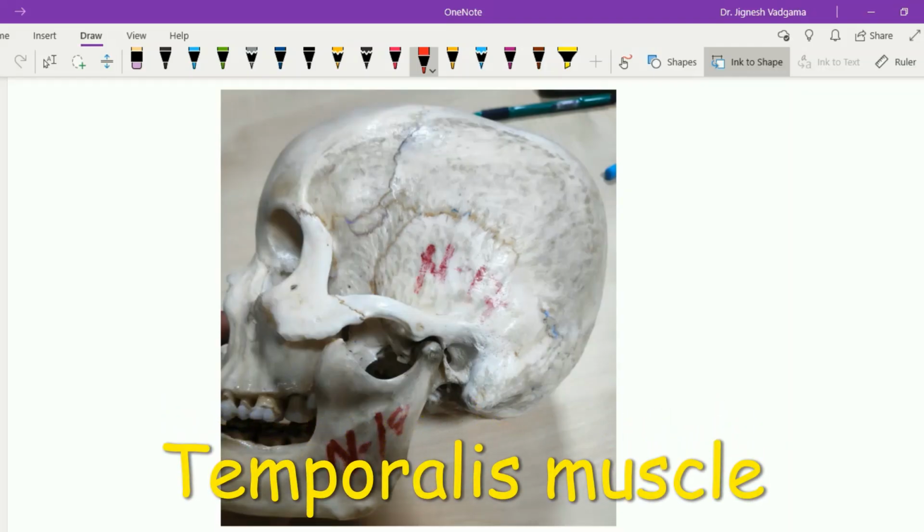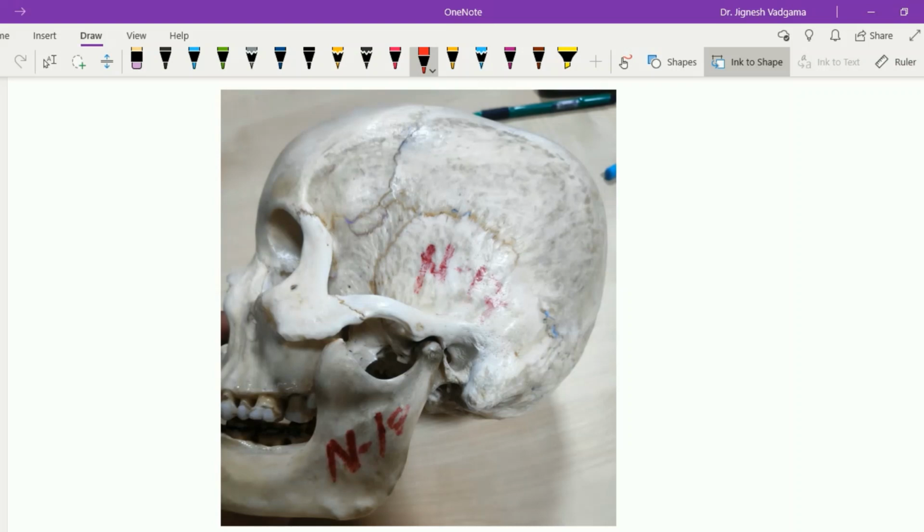Now let's see the details of the temporalis muscle. This temporalis muscle arises from the floor of the temporal fossa below the temporal lines. It is a fan shaped muscle which arises from the floor of the temporal fossa except the zygomatic bone, and the fibers of the temporalis muscle converge.